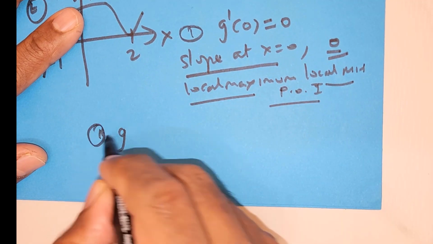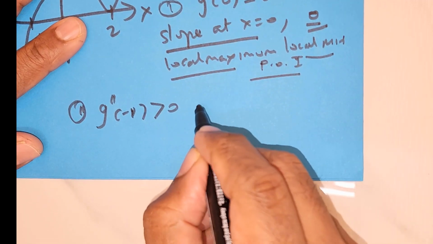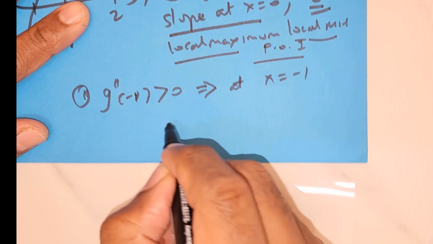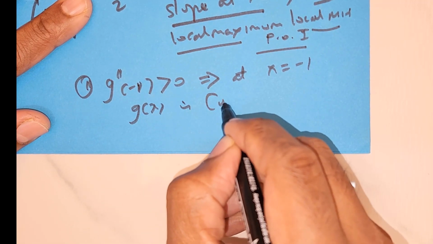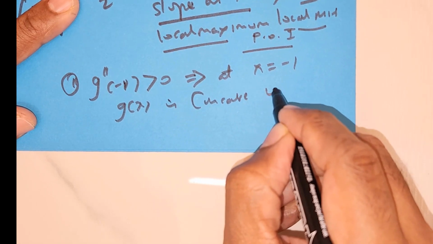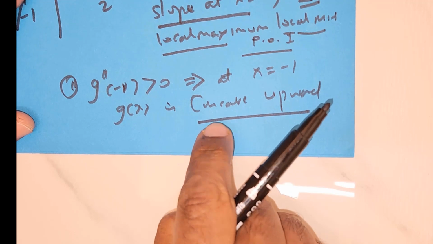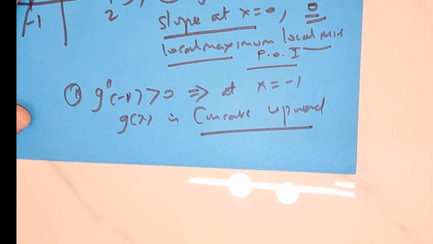Now condition 2, G double dash of -1 is greater than 0. So this means at x equal to -1, G of x is concave upward. So this is a very important point.